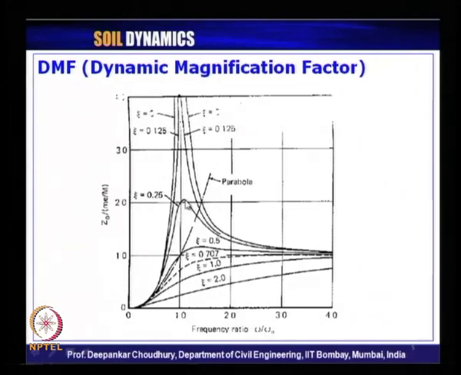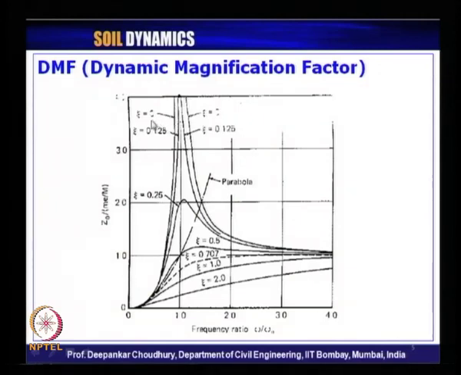And here the peak of the maximum dynamic factor or DMF occurs a little after the frequency ratio of 1, that is, a frequency ratio a little above 1. And when r tends to infinity, the value of that DMF approaches 1, and when r is very close to 0, then the DMF value is also very close to 0. At 0, it is exactly 0.